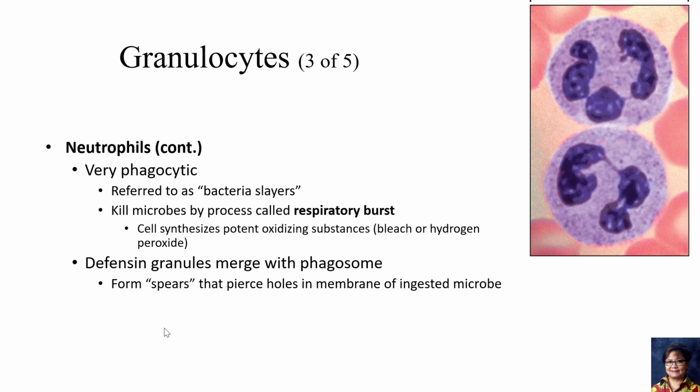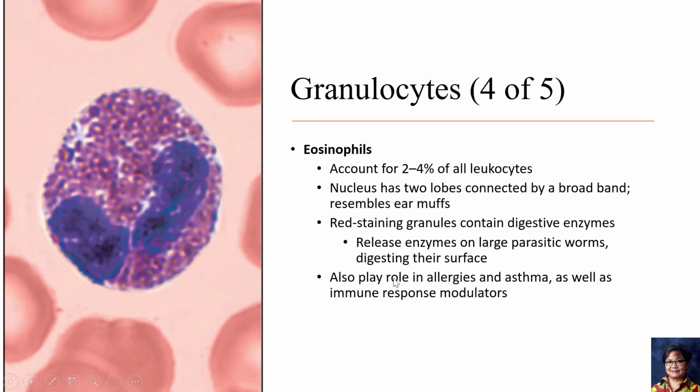And usually these are the monocytes. But these neutrophils are the first ones. They do have defensive granules in their cytoplasm, and they would also be releasing oxidizing substances in a respiratory burst to kill microorganisms.